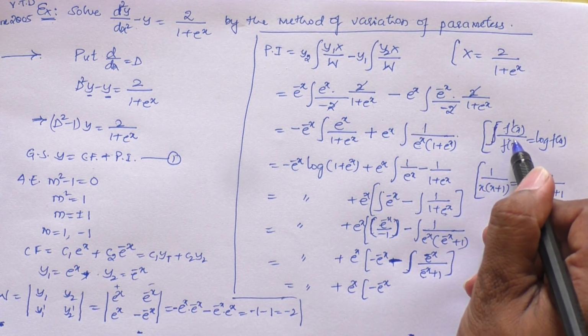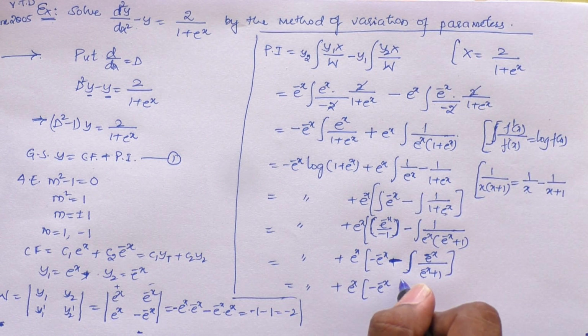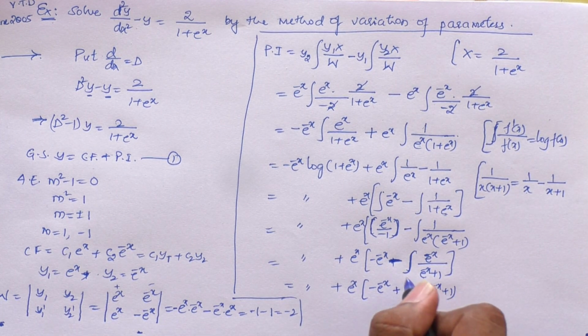Integration of f dash by f is log of f of x. In the same way, here we can write it as log of e raised to minus x plus 1.